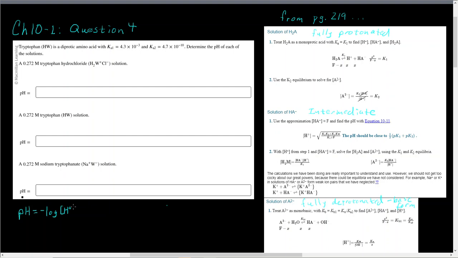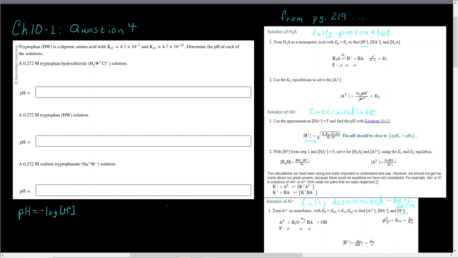We'll write this equation up here because it'll be a useful one. We know that's an approximation because we're ignoring activity coefficients, but this is good enough for our definition here. So we'll use that to calculate pH, and all we need to do in each case is find the H plus ion concentration.